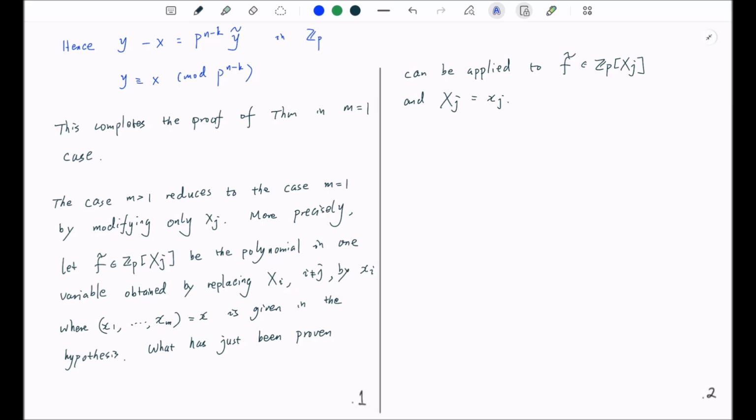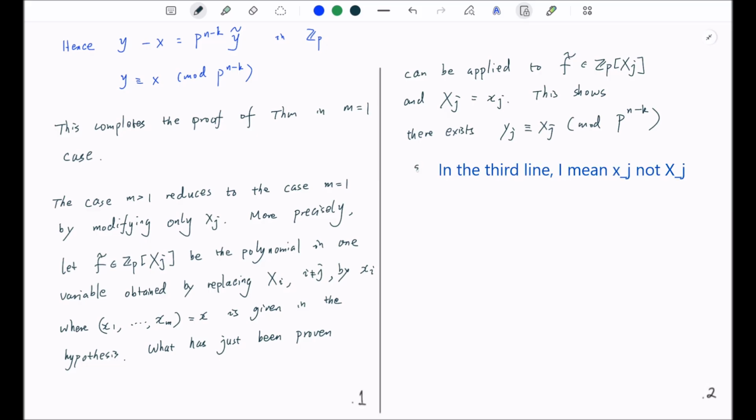By what has been proven above, we can conclude that there exists a y sub j in Zp that is congruent to xj modulo p to the power n minus k, such that f tilde of y sub j is equal to 0.